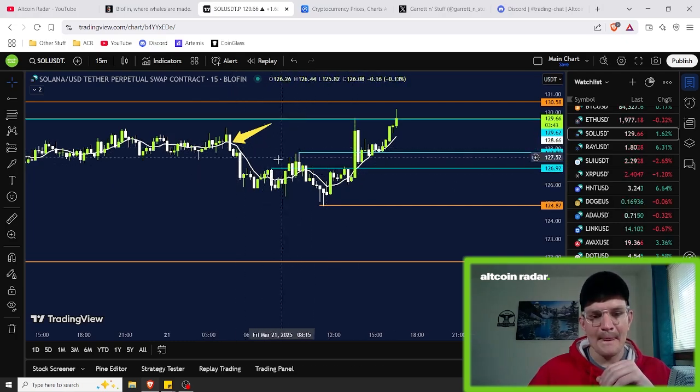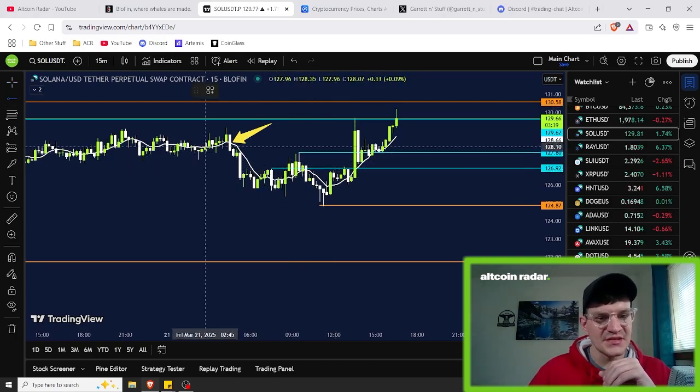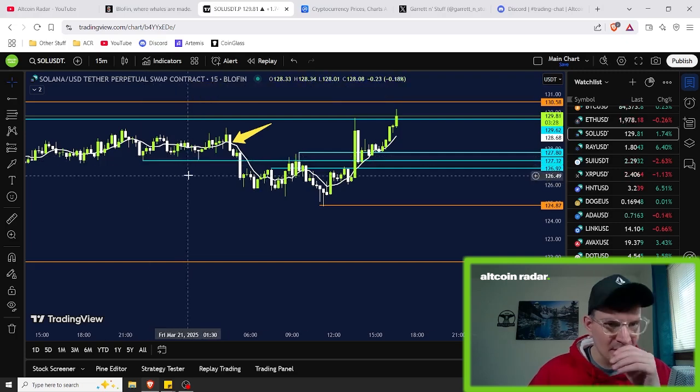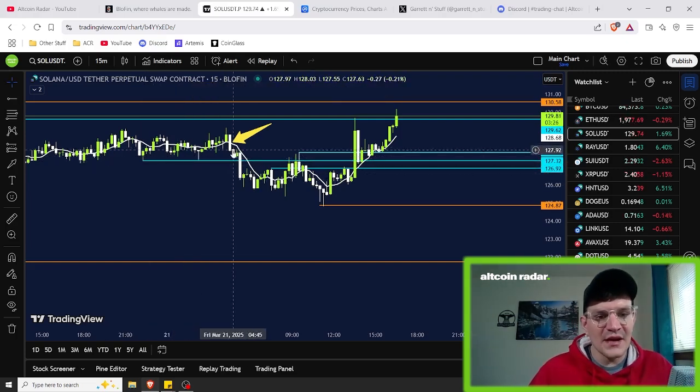None of these support levels right here would have existed yet. So instead, I probably would have had a support level right around this area, all right? So I would have opened up a short right in here.